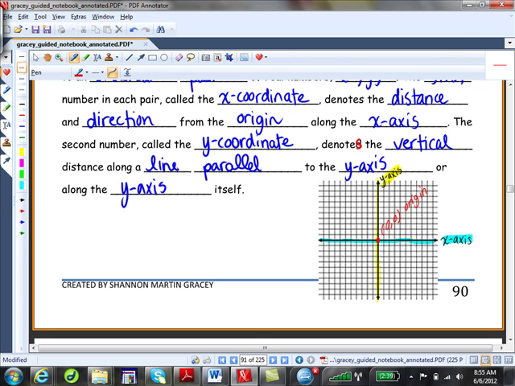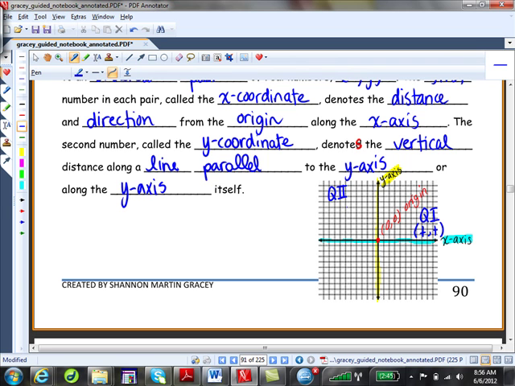And then the quadrants. Quadrant 1 starts here. So we have Q1 is quadrant 1. Now the ordered pairs in quadrant 1 are always going to have a positive x value because it's to the right, and a positive y value. So you'll have a positive comma a positive. Now quadrant 2 goes counterclockwise.